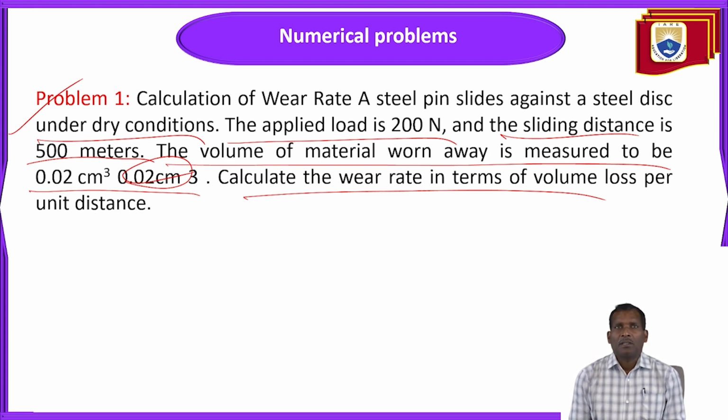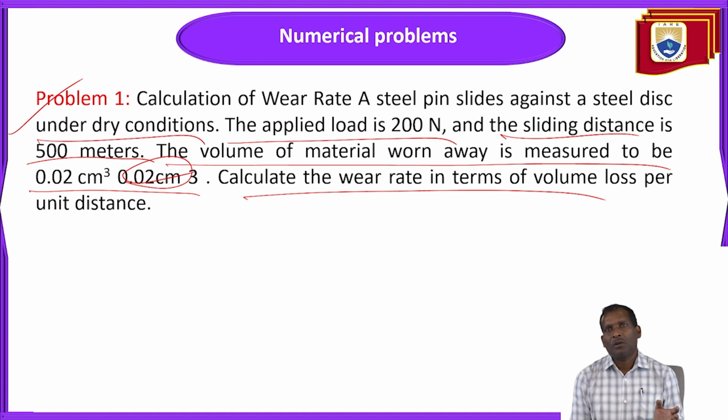In this, the wear is measured experimentally by using a pin on disc. A pin slides against a steel disc. Here a steel pin and a steel disc are given. The applied load is 200 newtons. The sliding distance you can adjust; the given distance is 500 meters.